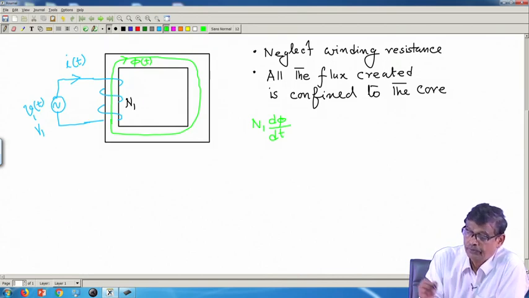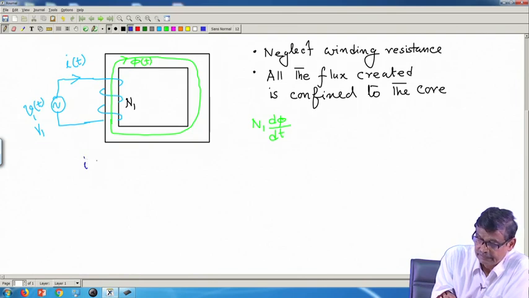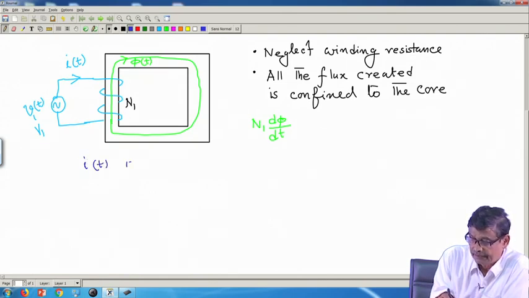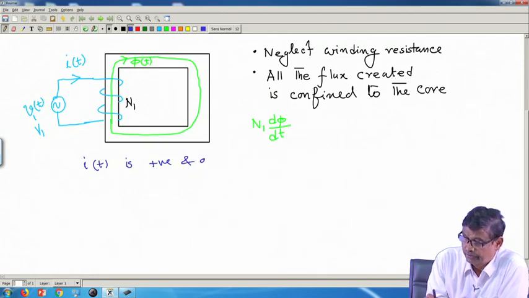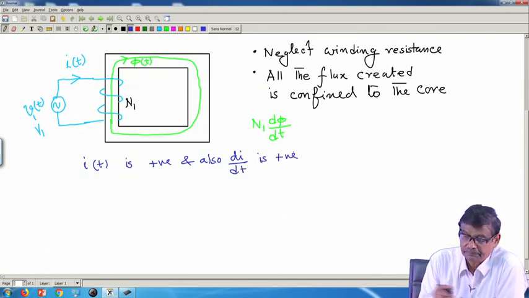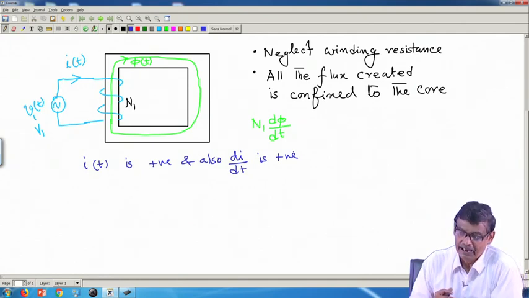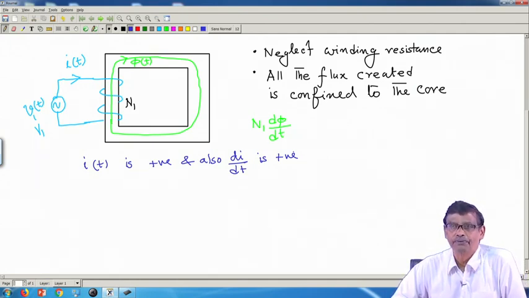So, i(t) is positive, and also dI/dt is positive. That is, current is increasing and also has a positive slope.